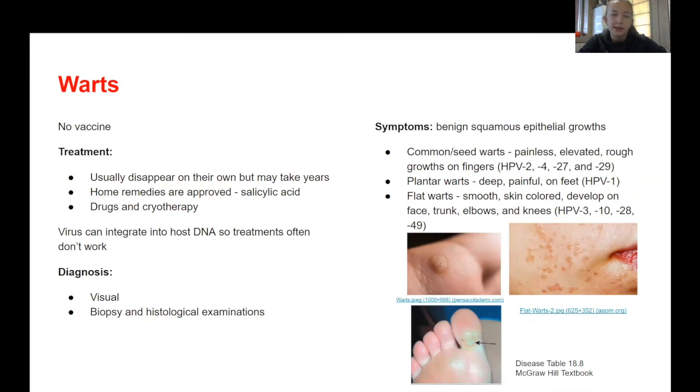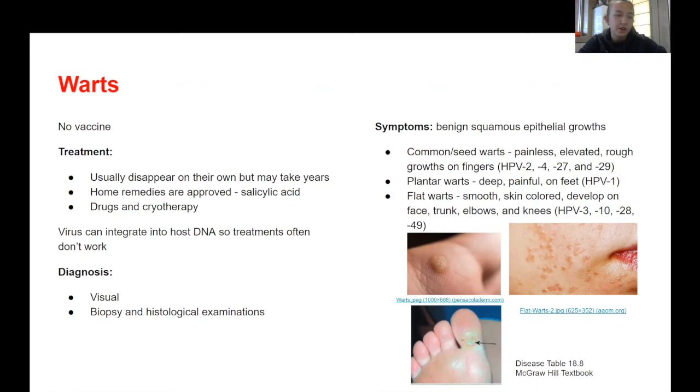Also, in extreme cases, they may prescribe drugs or cryotherapy. However, because the virus can integrate into the host cell DNA, many treatments don't often work, or they may alleviate the symptoms without actually killing the virus.